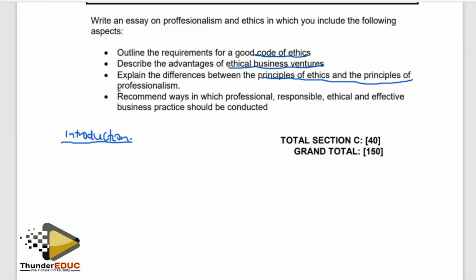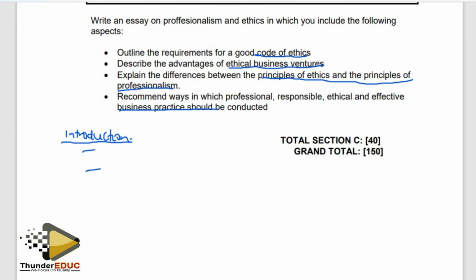Those are the keywords. Recommend ways in which professional, responsible, ethical, and effective business practice should be conducted. Those are the same things we've been talking about. So talk about what we call ethics in your definition, at least define ethics. Also talk about what we call professionalism.